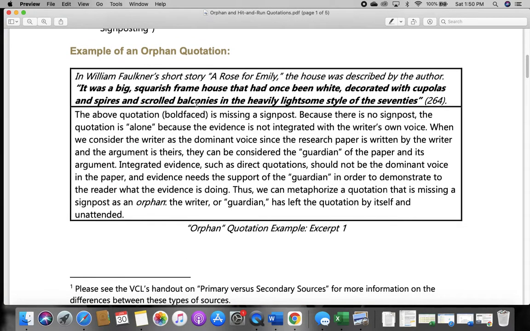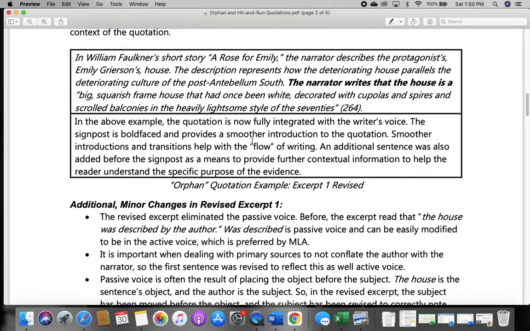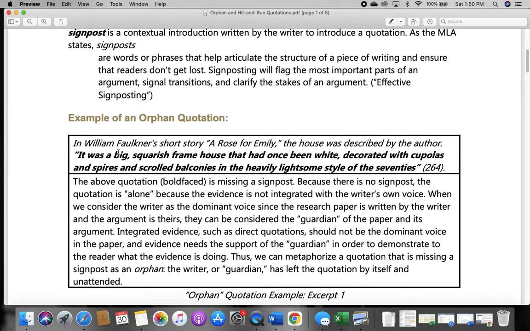And you'll also notice that I took out "it was a," and I put the quotation mark in front of "big," because of something I've mentioned in feedback: think about your quotation. Does every single word in that quotation have to be there?